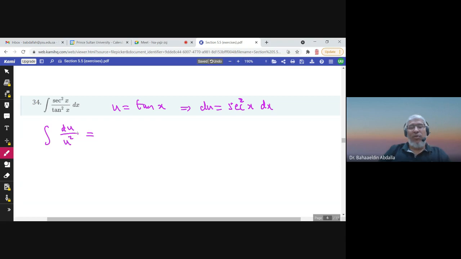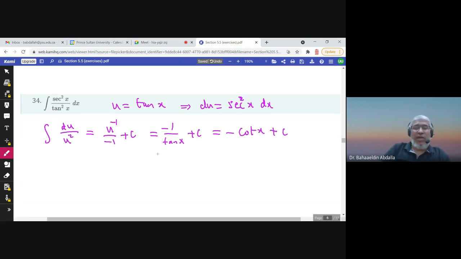It would be u to the power negative 2, so this is the integral. I will write it as negative 1 over u, but u is tan. I can leave it like this, or 1 over tan is in fact cotan. So I can leave it like this.